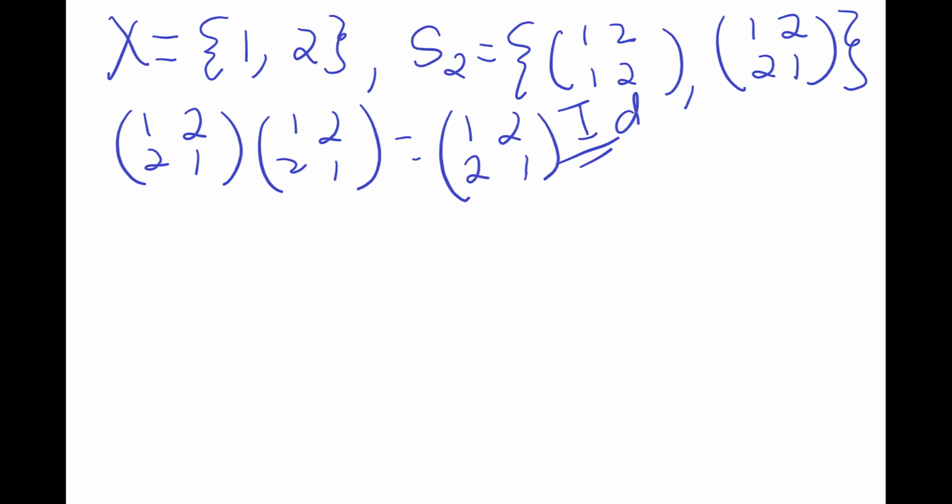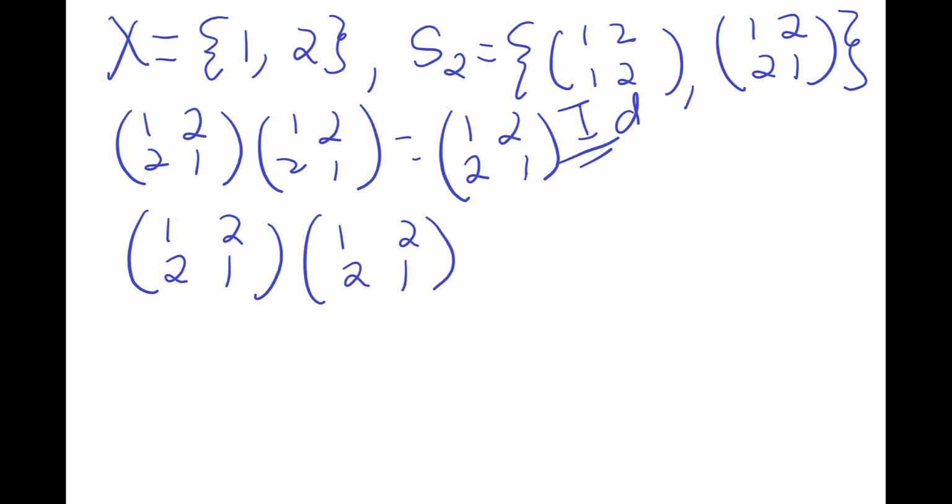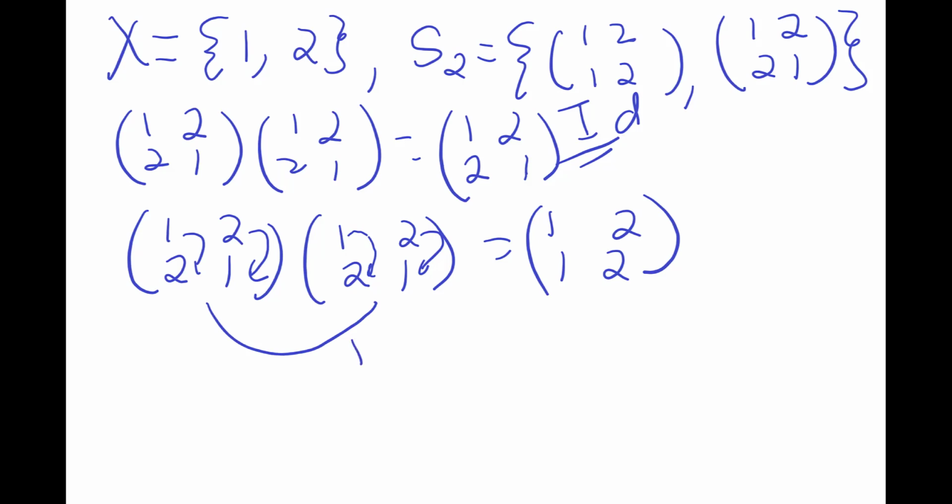What will happen here is, 1 goes to 2, 2 goes to 1, so 1 finally goes to 1, and 2 goes to 1, 1 goes to 2, so 2 finally goes to 2. So this is the inverse of itself.